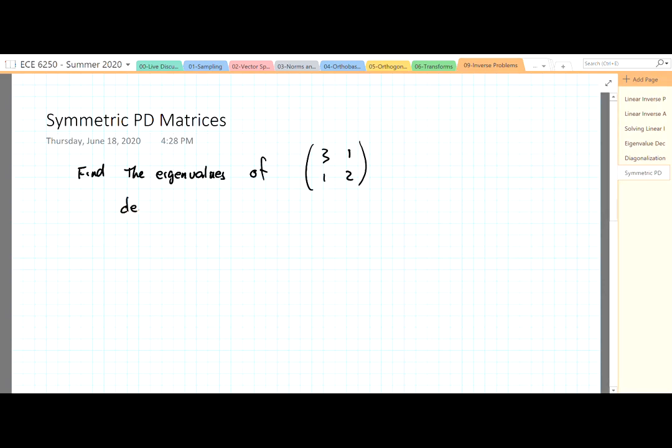so we want to find the determinant of A minus lambda I and set that equal to 0.